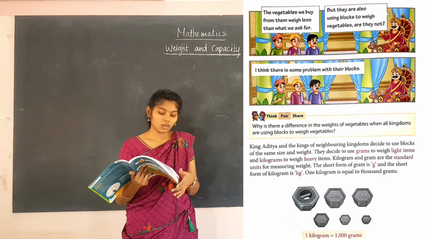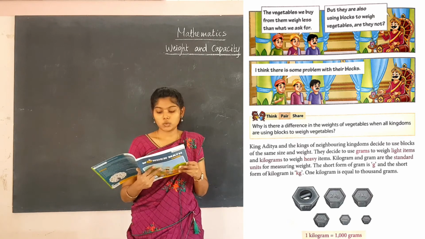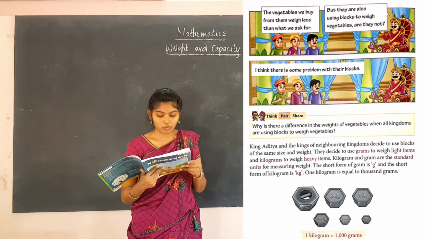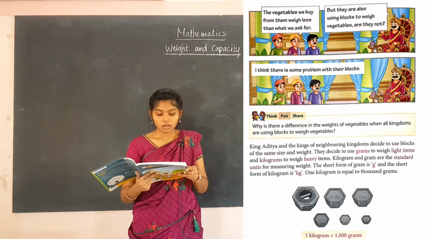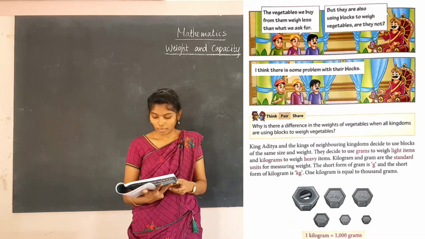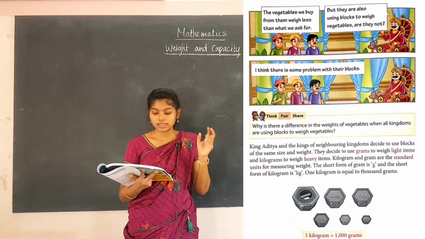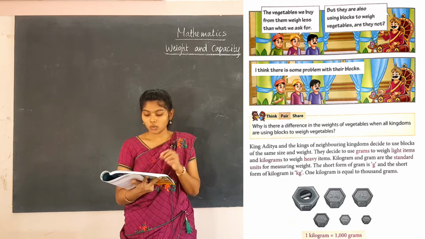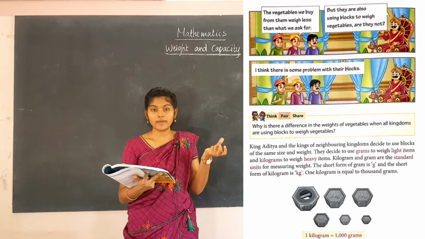King Aditya and the kings of neighboring kingdoms decide to use blocks of the same size and weight. They decided to use grams to weigh light items and kilograms to weigh heavy items.